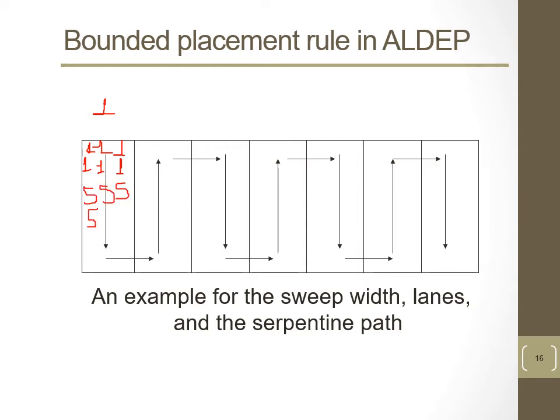Department 5 may require, for example, 5 grids. When you complete it, you start with the next department. Let's assume 3. You continue with 3, and as soon as you finish placing the grids of 3, you continue with the next one.